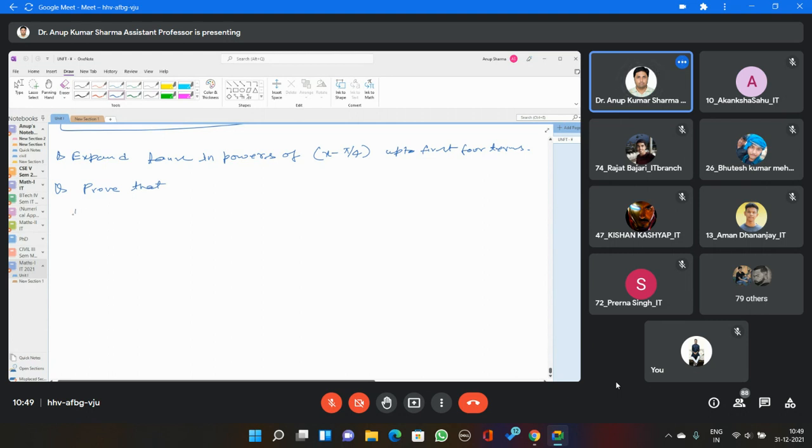Prove that log of (1 plus x) is equal to x minus x square by 2 plus x cube upon 3 minus x to the power 4 upon 4 plus x to the power 5 upon 5 minus x to the power 6 upon 6 plus dot dot.